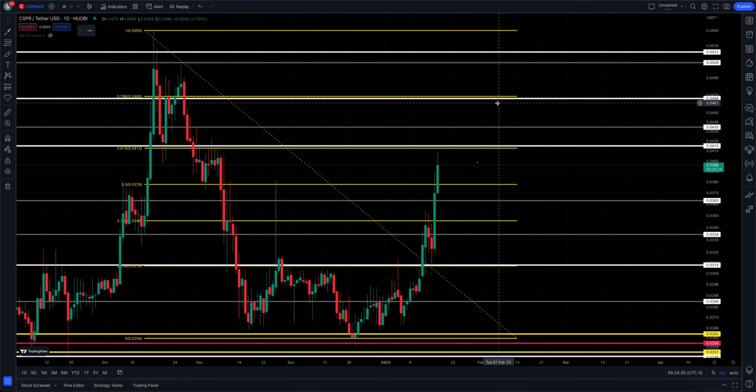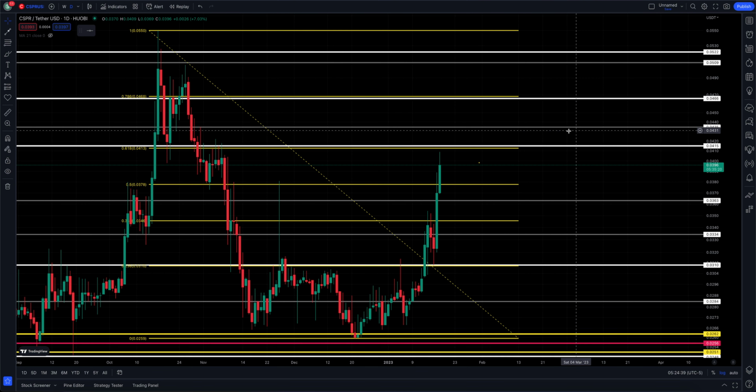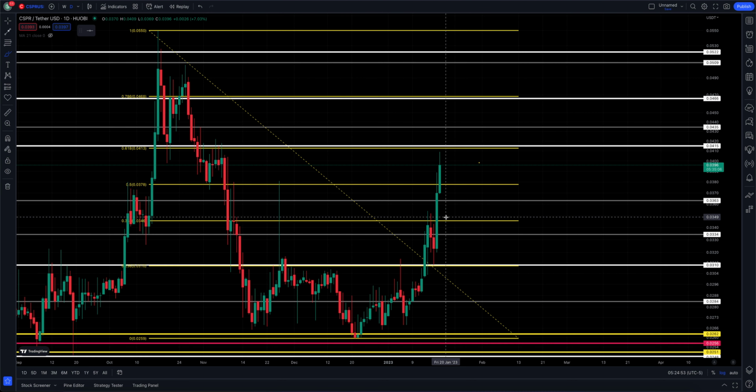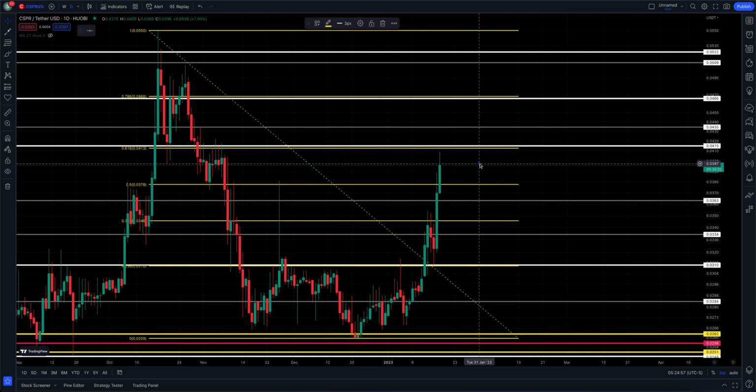So that is another important area that I would keep on my radar as price approaches, that we could find some serious resistance in that area. And that's ultimately where that last major swing found resistance as well. I do think Casper has a very, very bright future.